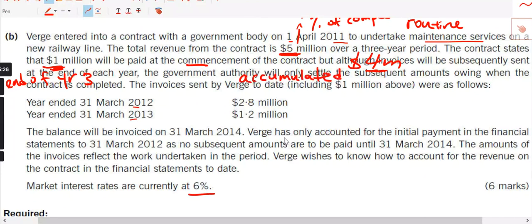Next time when you start working, or maybe some of you already started working, and you join a construction company, property development company, or just audit firm alone you do lah. You should be able to see this word lah, to date, because they will send the bills progressively to the customer. And at every year end, we need to see the accumulated bills that they have sent.